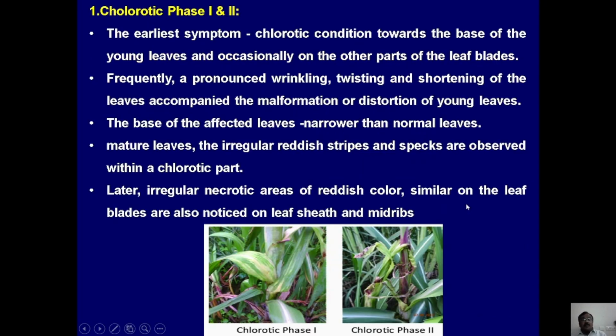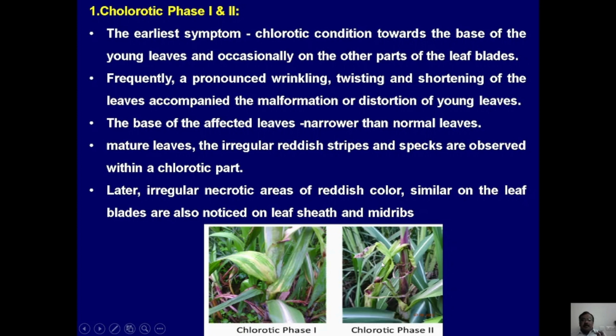And the first one is the chlorotic phase, 1 and 2. The earliest symptom of this disease is the chlorotic phase, and chlorotic condition towards the base of young leaves and occasionally on other parts of the leaf blades is noticed. Frequently pronounced wrinkling, twisting, malformation and shortening of leaves, accompanied with distortion of the young leaves, are noticed at the base of the spindles.